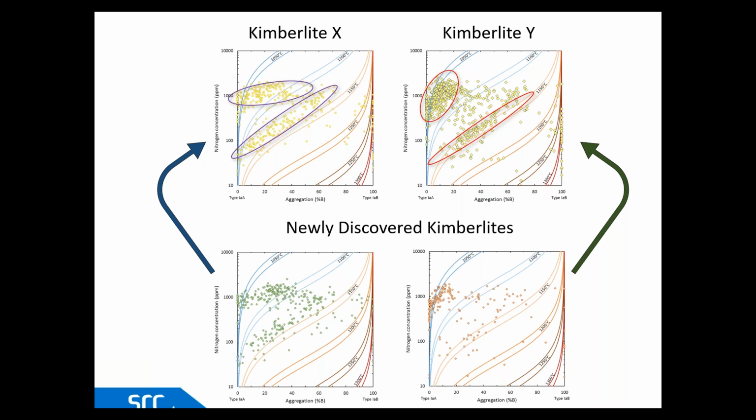So we can use this information to prioritize our targets going forward. And this is especially important if you have limited exploration budgets or you have a limited drill time. So you can possibly say this first time we're going to concentrate our money on this kimberlite on the bottom right with the orange data, as we're really hoping to find some frequency size distribution similar to kimberlite Y with this larger diamond population.